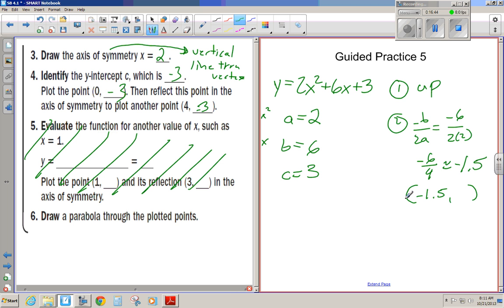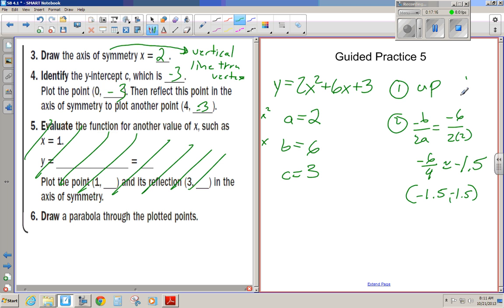And now it's a matter of finding the y value. So at this point, you should have some calculators. You can do it by hand if you want. Go ahead and plug in negative 1.5 into x and see what you get. You should actually get negative 1.5 as the other part of your vertex, which is pretty interesting.